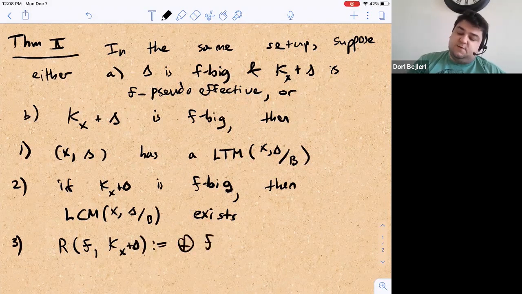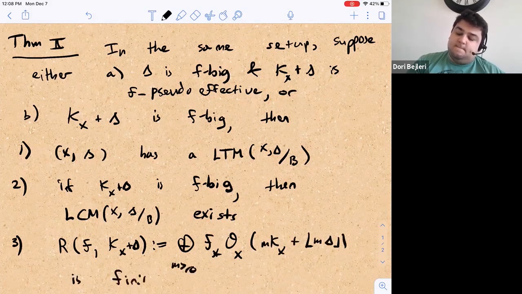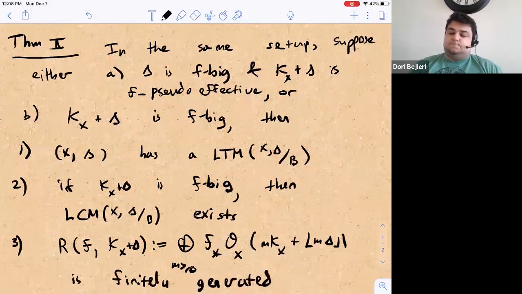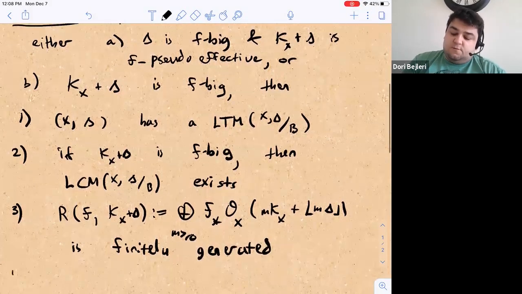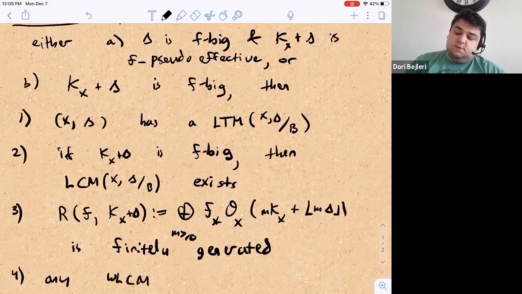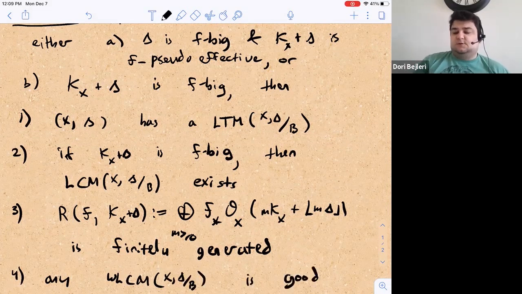So here everything's relative to the base, so we have to take this relative sheaf of algebras. And four, any weak log canonical model is good, meaning that abundance holds under these assumptions for these pairs.